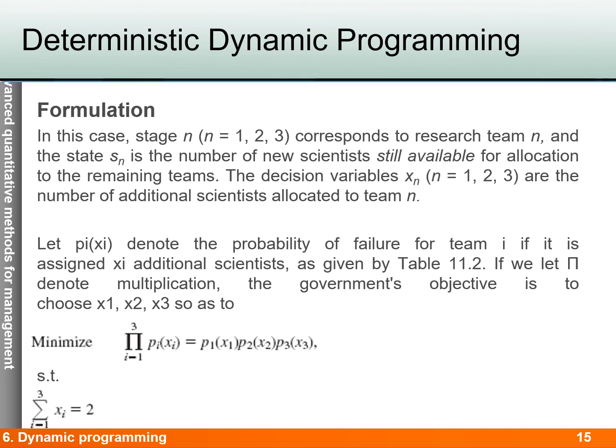So, the probability of failure of each of these denotes p1(x1), p2(x2), p3(x3), that multiplication of these elements should be minimum, okay? And for sure, we know here that the total of the decisions that we make is equal to 2 because we are talking about 2 different scientists. Let's continue in the next slide.